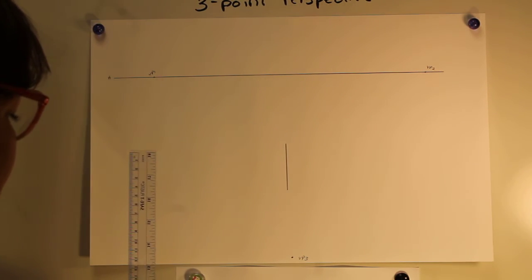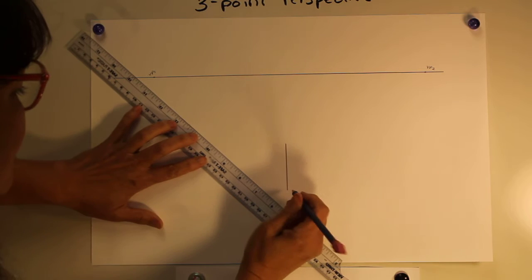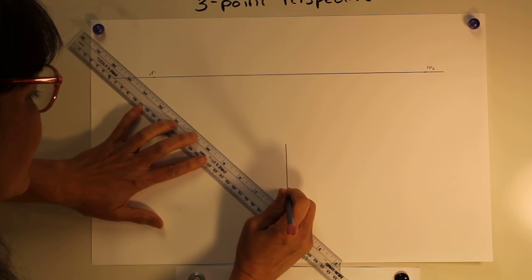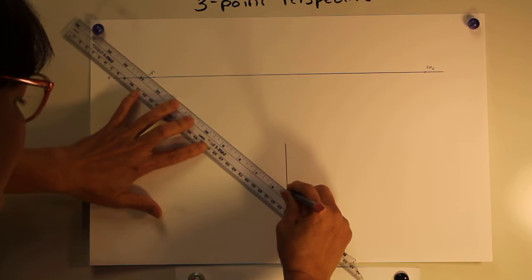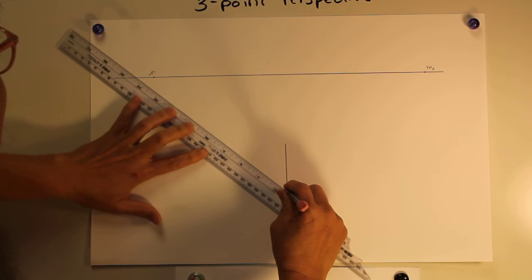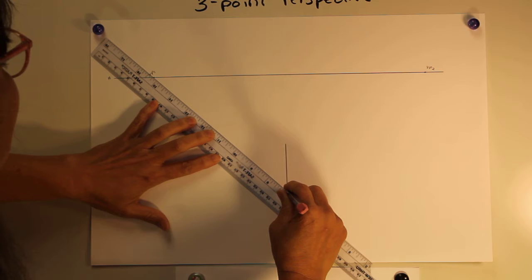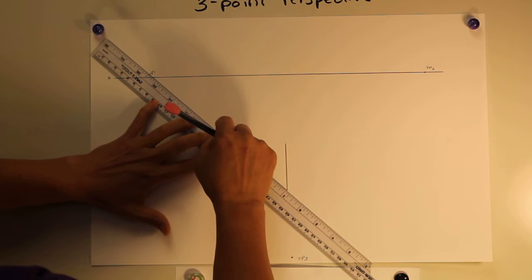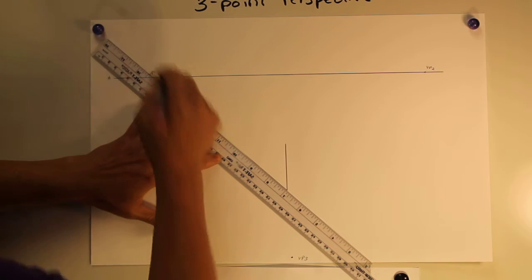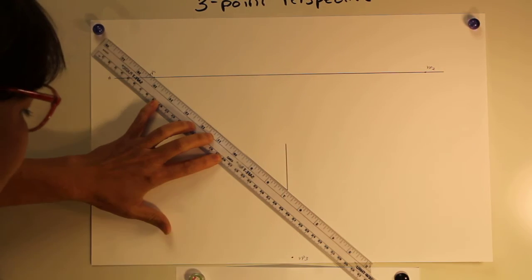And then I'm going to take the bottom of that vertical segment, take my ruler, let it guide me to VP1, vanishing point 1, and I'll lighten up a little so you can see it, but here's the part I'm going to be keeping.